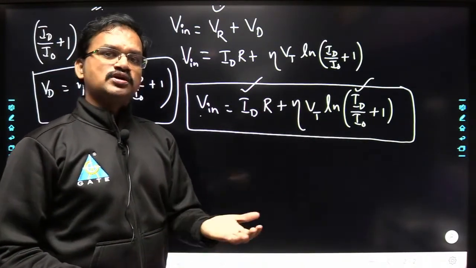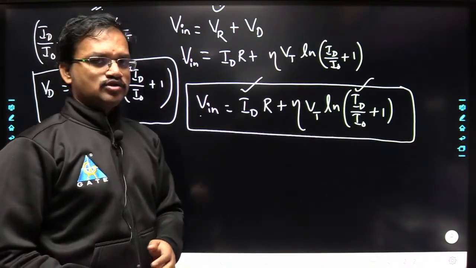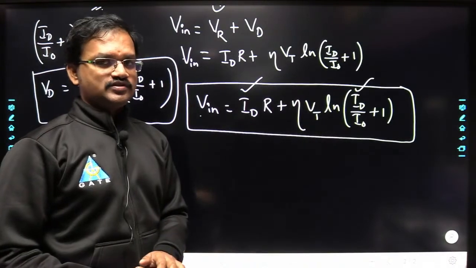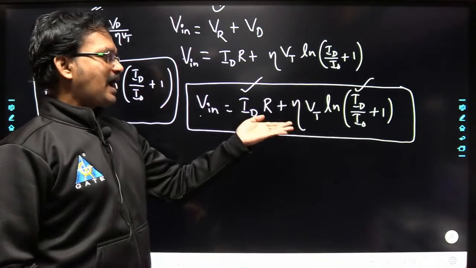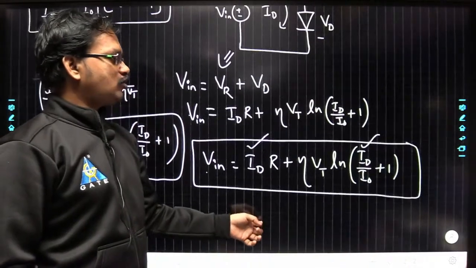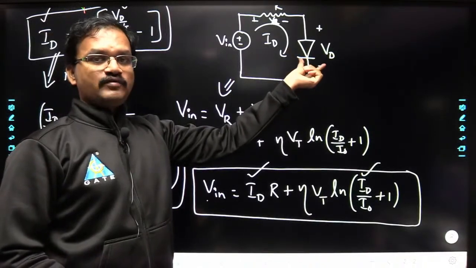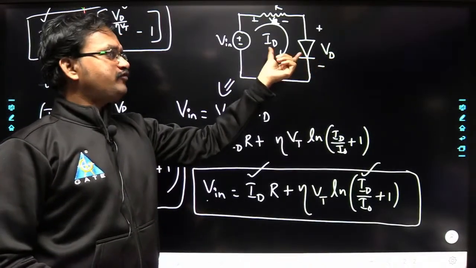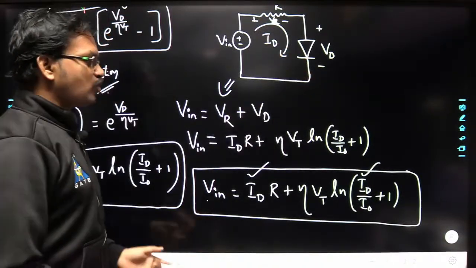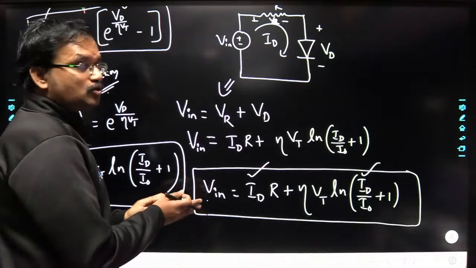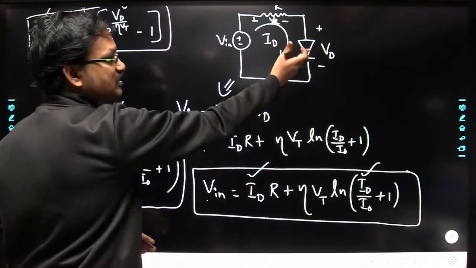You have to use trial and error methods in order to determine ID, which is a very lengthy and difficult process. This is what happens whenever you are dealing with a circuit that has only one diode. So if you do the exact analysis, it is going to be very tough for us to analyze the circuit.